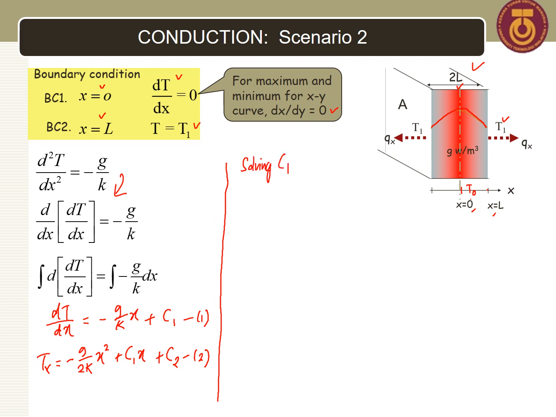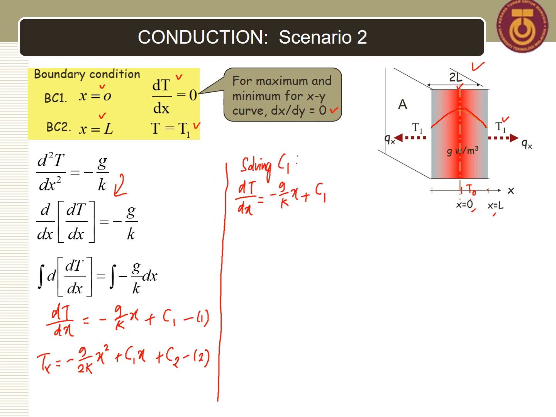Let's start from solving for c1. In order to solve for c1, we need to refer to equation 1 and boundary condition 1. Equation 1: dT over dx equals negative g over k x plus c1.